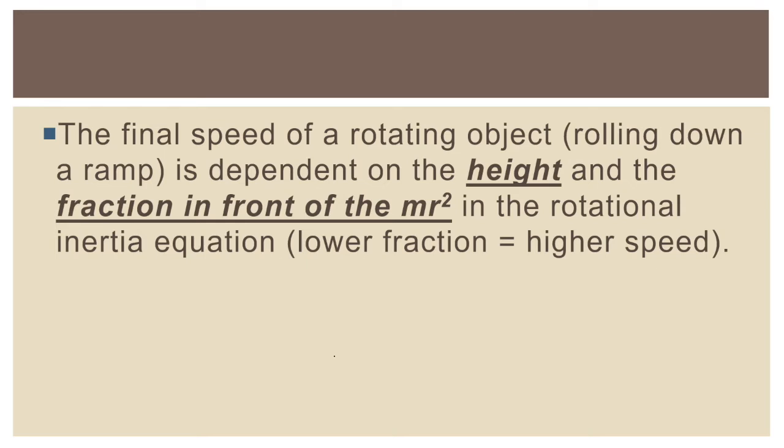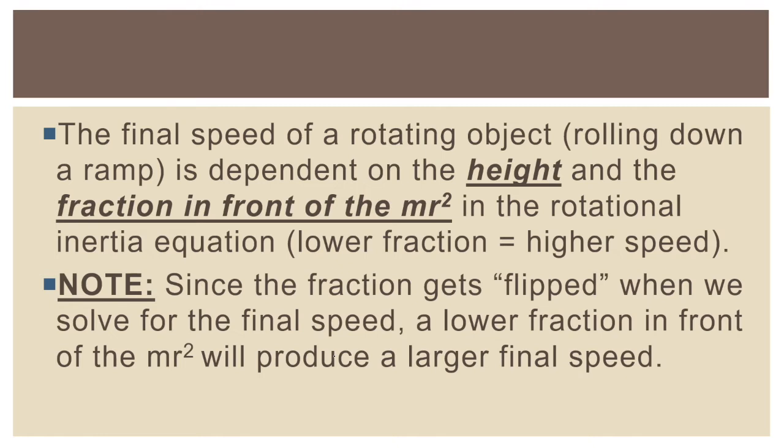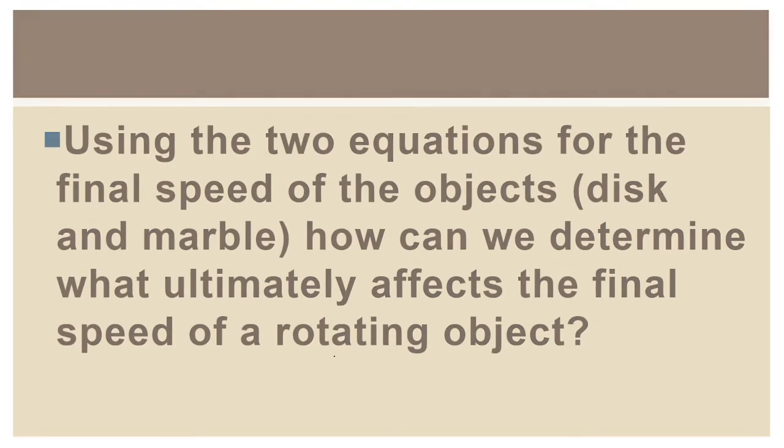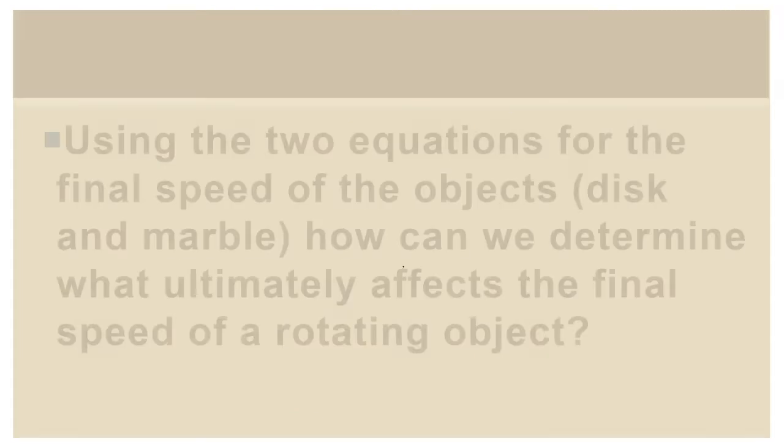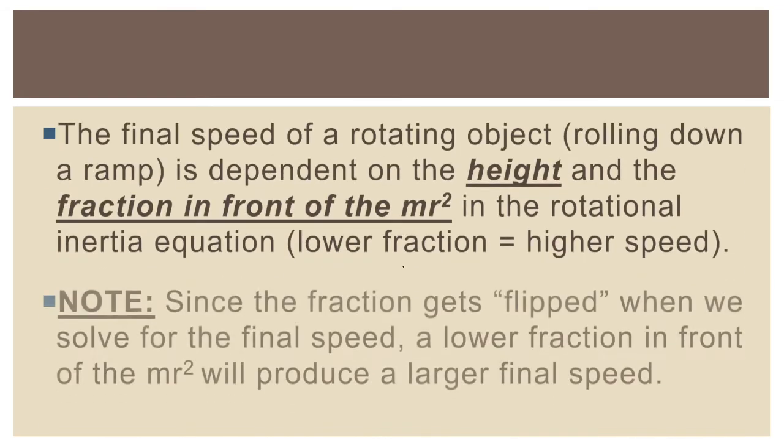Now, before I ask you to pause here and write that down, we might as well also say, for further clarification, note, since the fraction gets flipped when we solve for the speed. I'll show you what I'm talking about here, because when we have to solve for v final, we have to divide both sides by 7/10, and then the fraction just ends up getting flipped as 10 over 7.